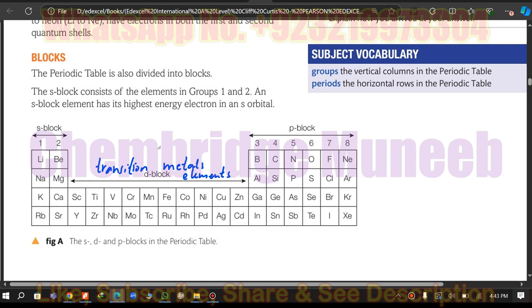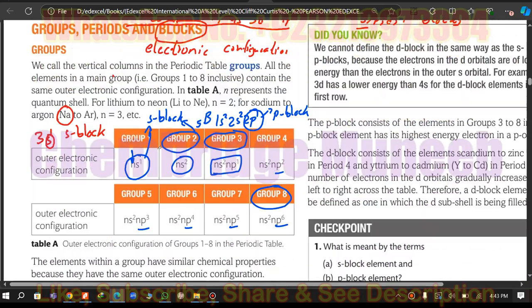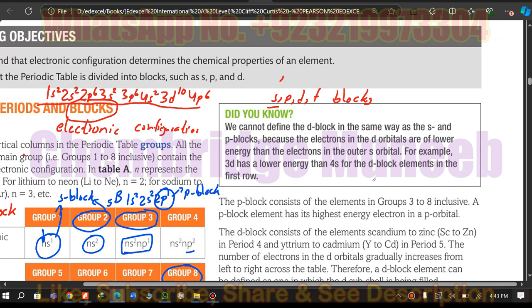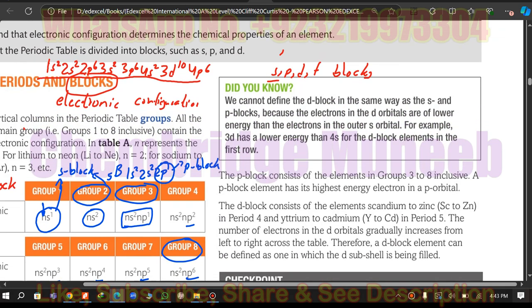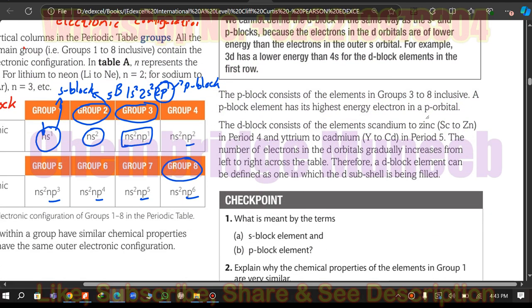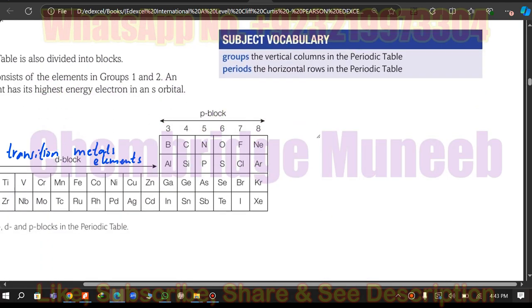That's how they have categorized them into different blocks. Now we have clearly seen the blocks in the periodic table. Now let's move on.